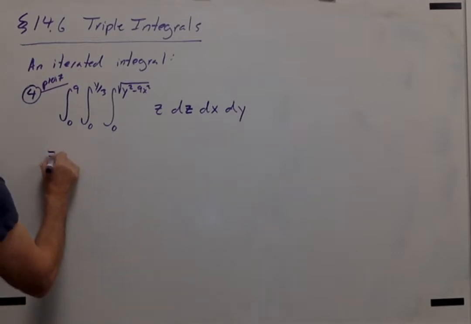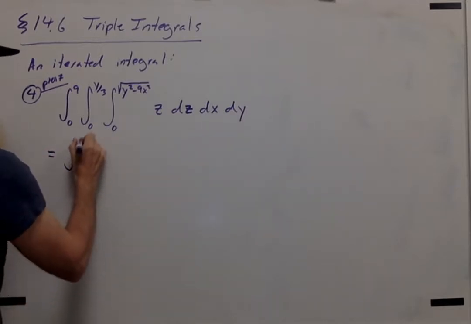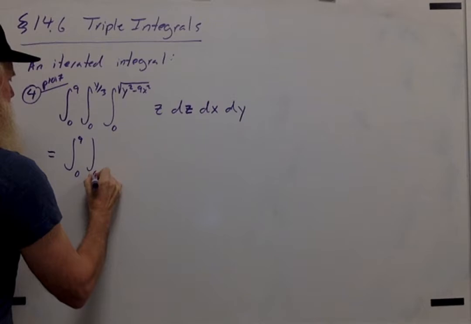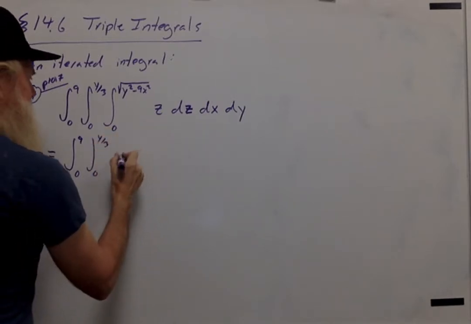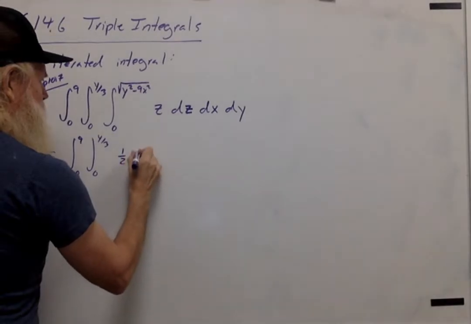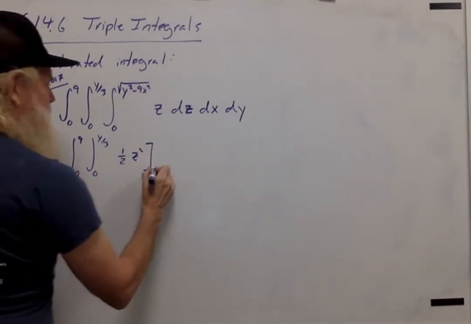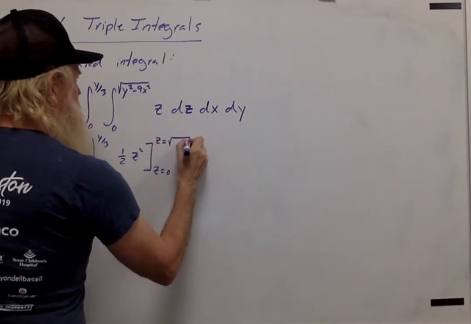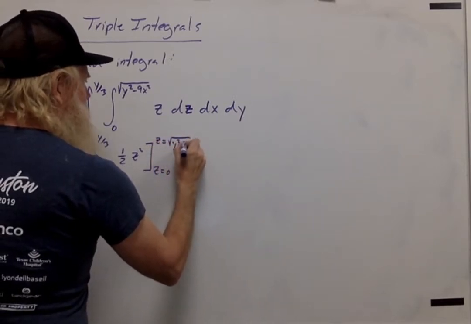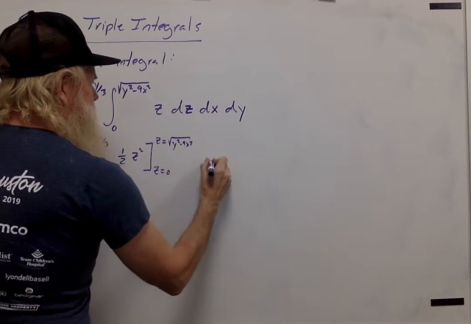So let's do it. Starting with the innermost integral, the integral of z is 1/2 z squared. I'm going to take that from z equals 0 to z equals the square root of y squared minus 9x squared.